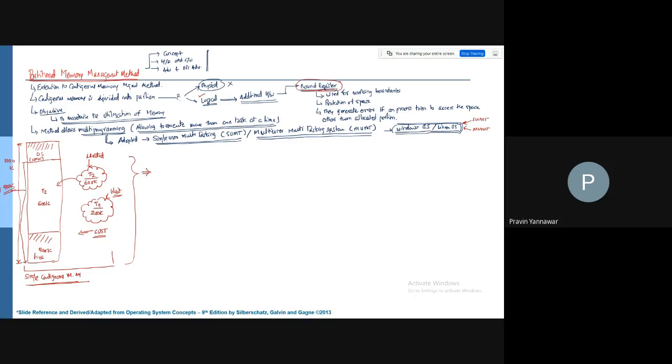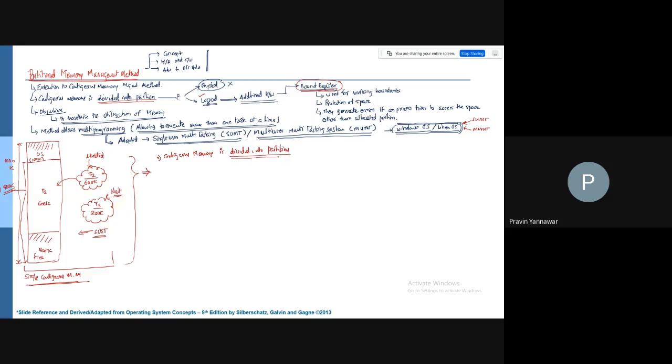What we have said is that contiguous memory is divided into partitions.